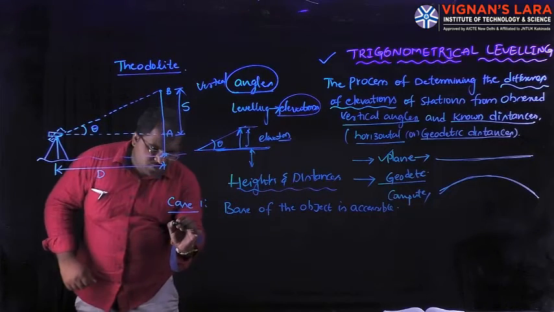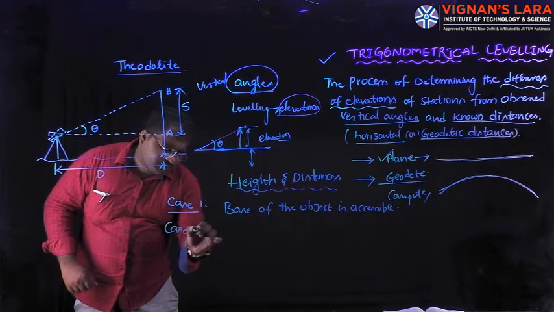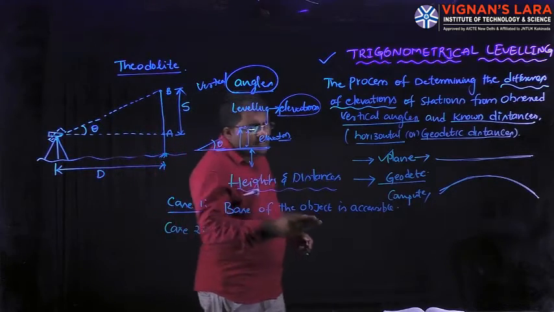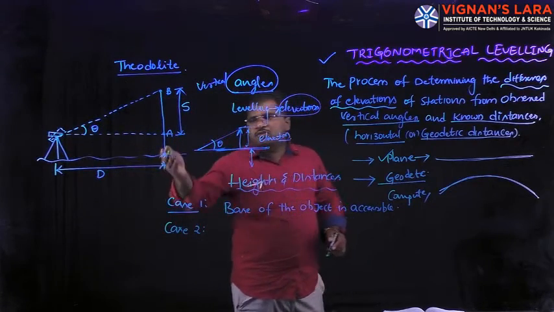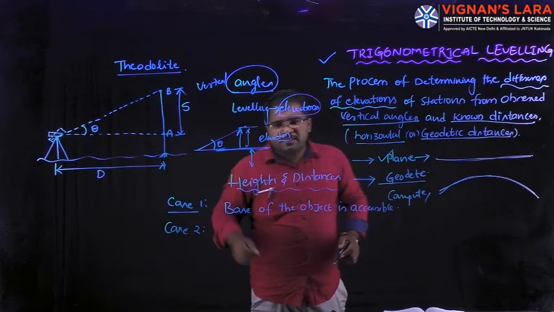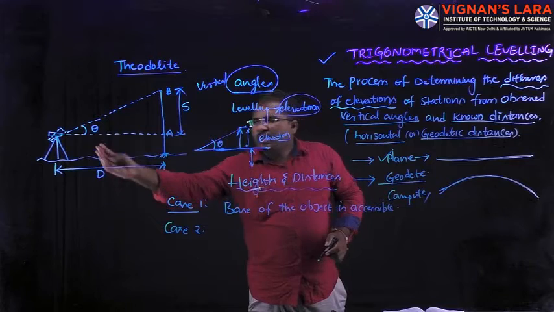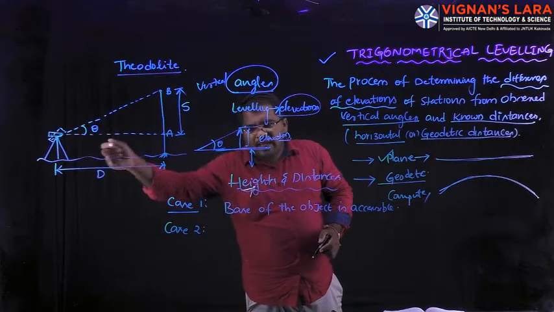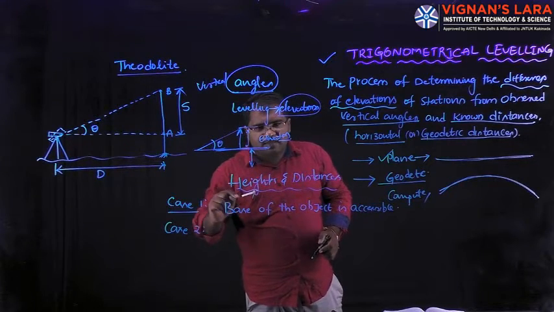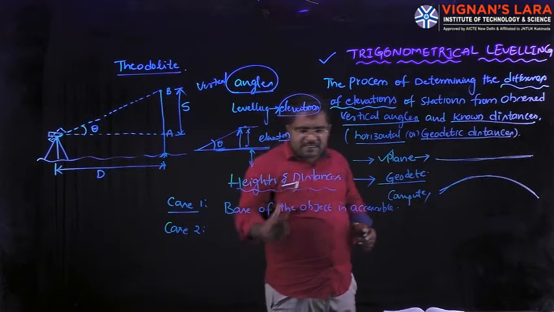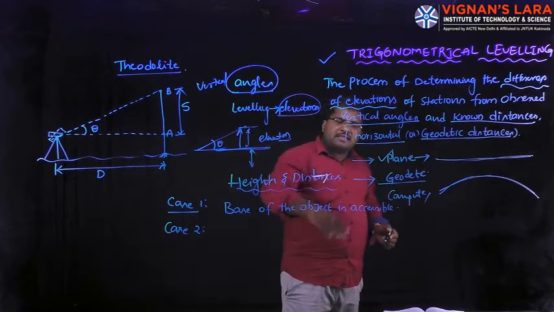Case 2 and case 3 are where the base of the object is inaccessible. We are not going to go there. That means in between there is a river or pond or ocean, anything, we are not able to access this particular base from the instrument. That type of case is called base of the object is inaccessible.